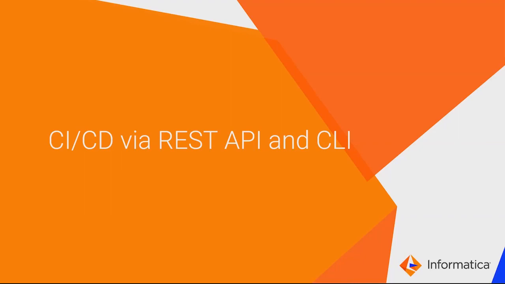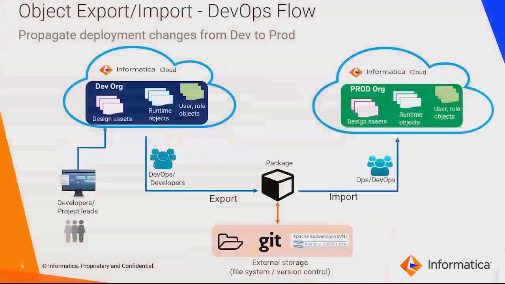Okay, so moving to the first slide. So the way you do the object export import, right? How would we do it automatically using the REST API command line utility in this case, right?